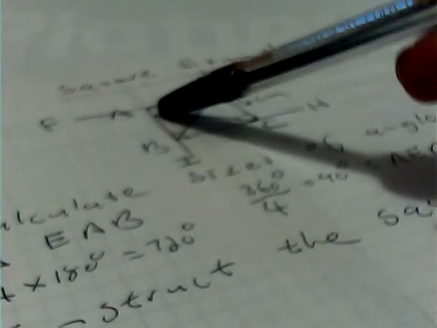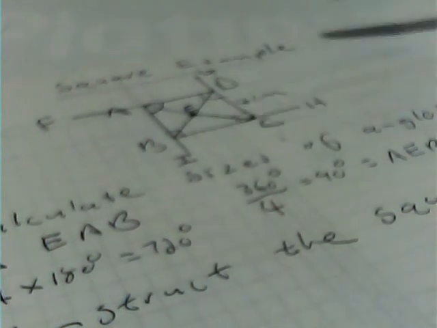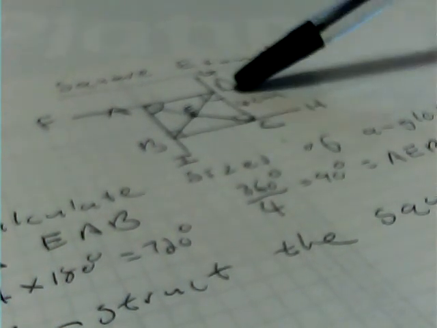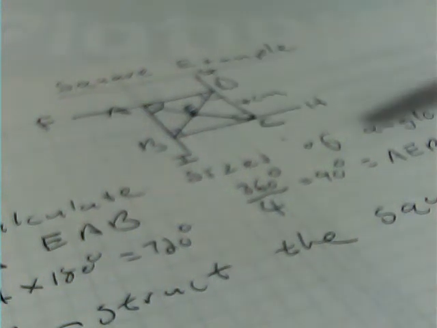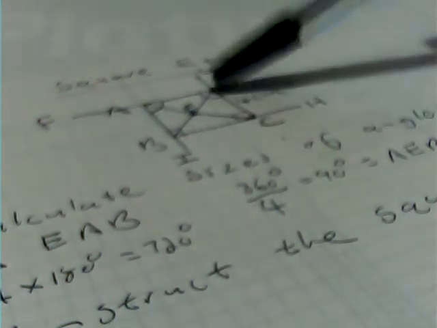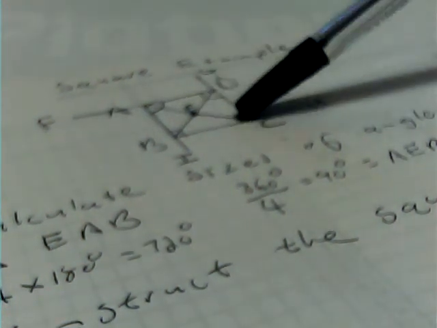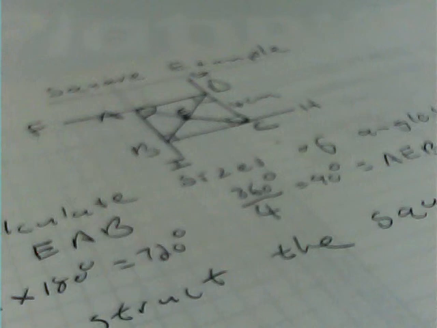So we know angle A, angle B, angle C, and angle D each equals 90 degrees. Okay, but now these lines split these angles in two. So therefore each of the other angles is 45 degrees.